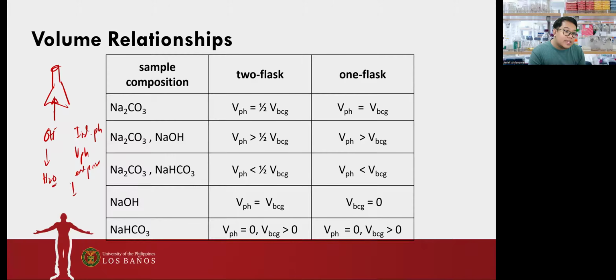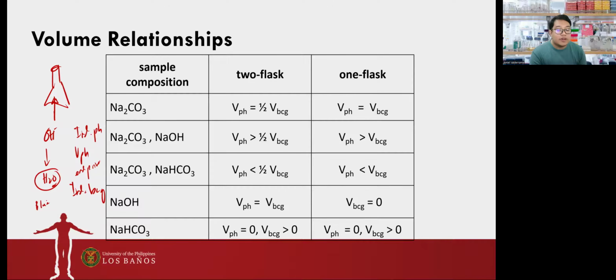Pag nag-add tayo ng second indicator na BCG, ayan. So, wala na kayong magagamit na BCG indicator. Bakit? Kasi water na lang yung laman natin. Okay? So, ang magiging kulay nito ay color blue.